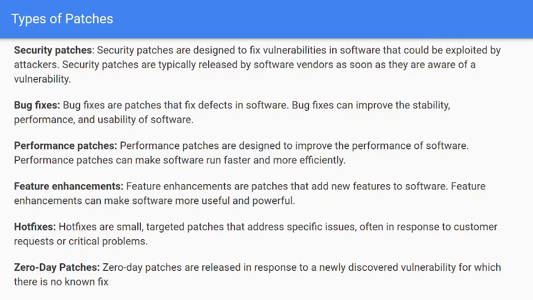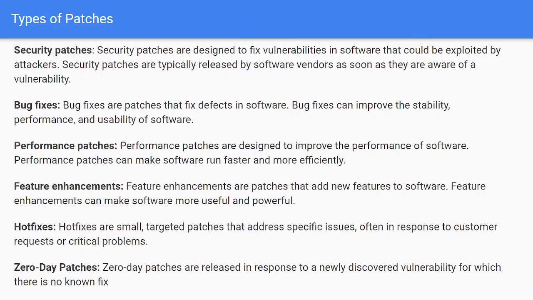That is called bug fixing. Bug fixing might not have any security implication. It's just that it's not allowing the user to make good use of the application, or it's not giving a good user experience to the user making use of that application.